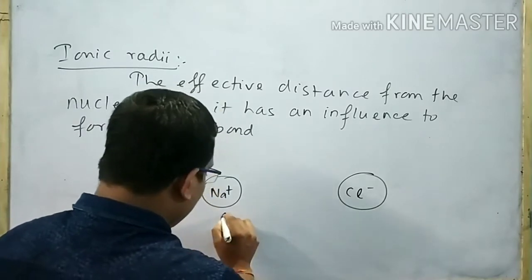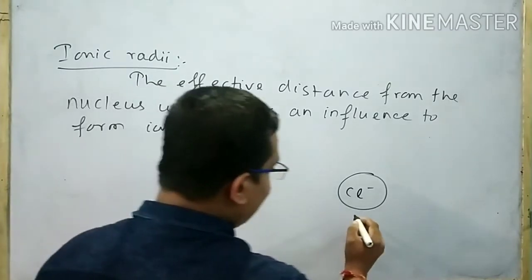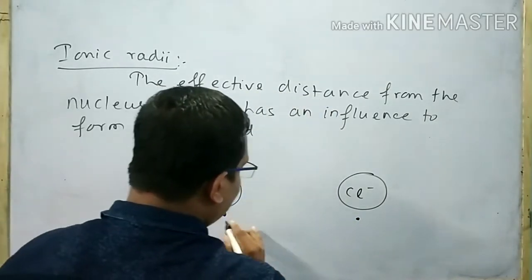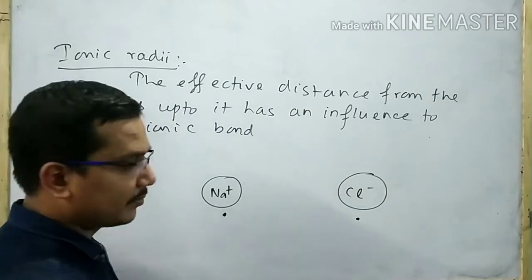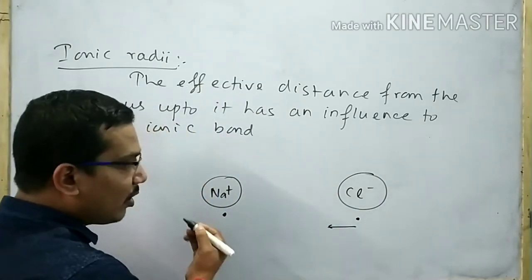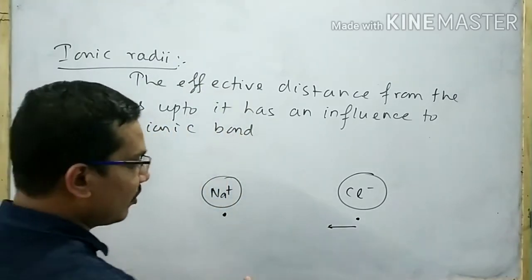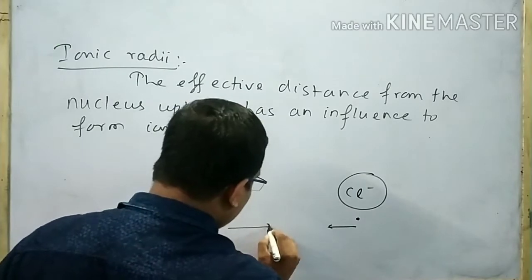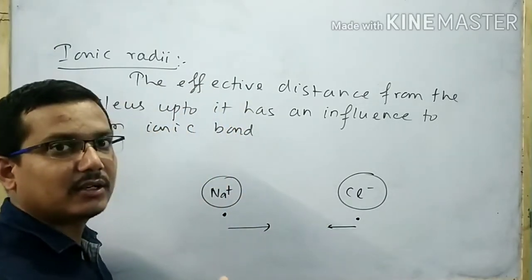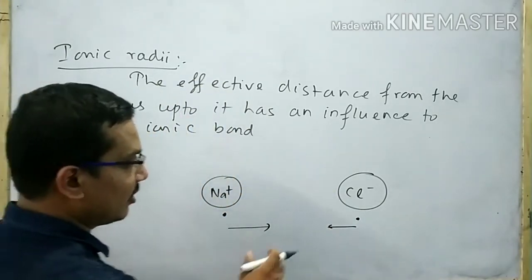Suppose the sodium ion is present at that position and the chlorine minus ion at that position, and they form an ionic bond. When the Cl minus ion comes closer to the Na plus ion, the attraction will be more. When the Na plus ion comes closer to the Cl minus ion, there is also more attraction between the Na plus ion and the Cl minus ion.